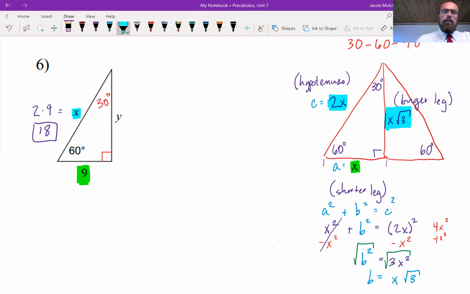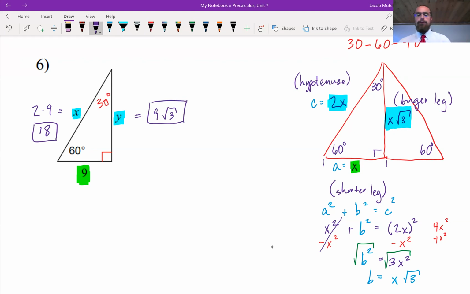Similarly, the length of the longer leg, which is labeled here Y, is really just the length of the shorter leg times the square root of 3. So Y is 9 times square root of 3, and that in itself is complete. I'll box it.